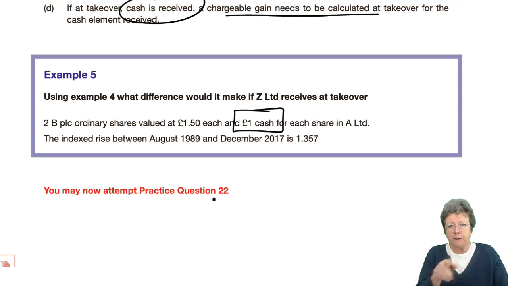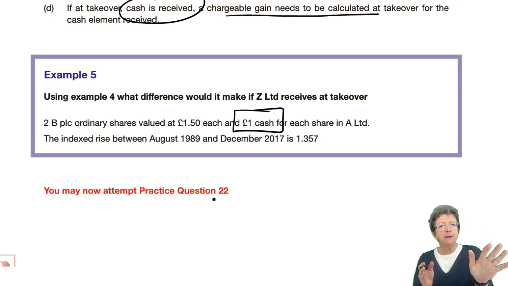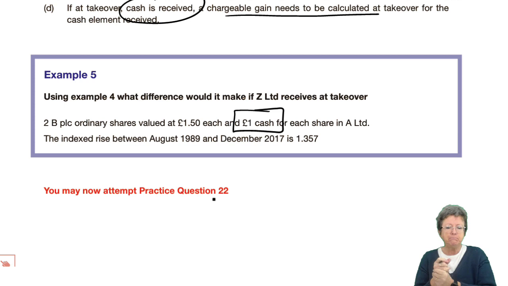Now, when you finish this chapter, I would suggest, because hopefully you've done the capital gains for individuals, the rules are more or less the same, the processes are the same, the rules are slightly different with the matching rules and the takeover rules and the little bit of indexation. Everything else is the same apart from that.